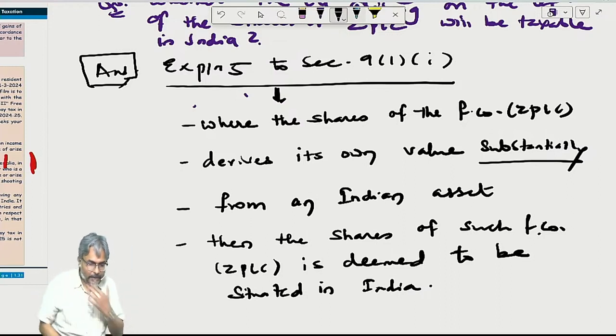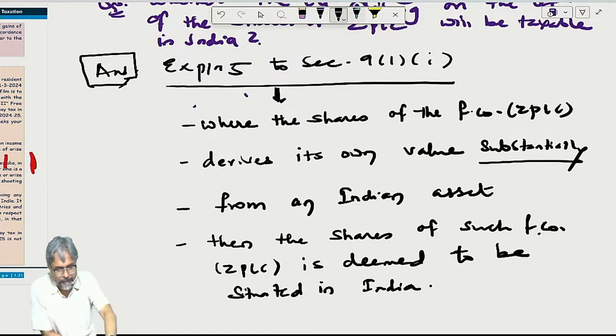Then the shares of such foreign company are deemed to be situated in India.